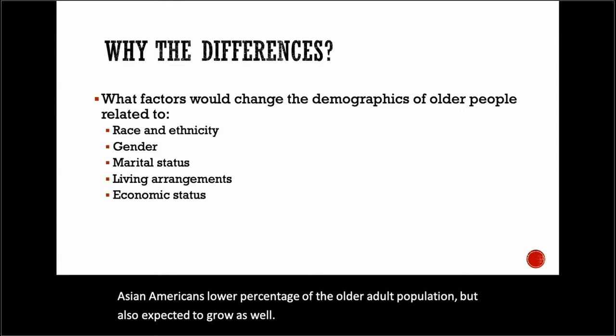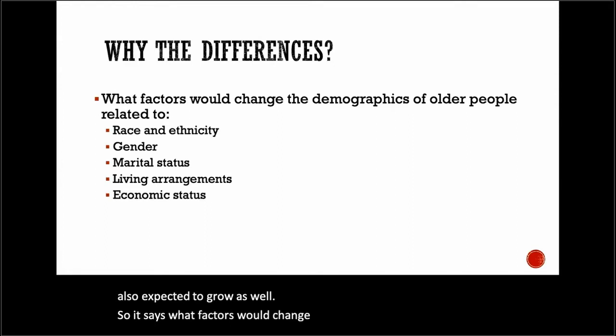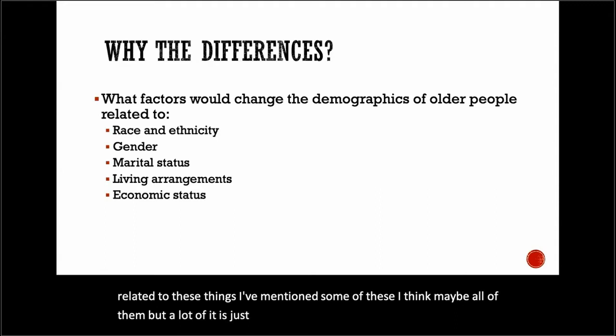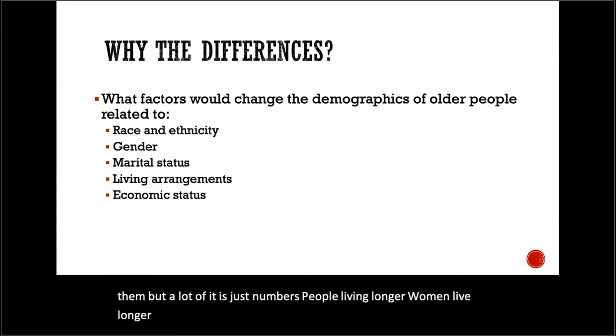So it says, what factors would change the demographics of older people related to these things? I've mentioned some of these, I think maybe all of them, but a lot of it is just numbers. People living longer. Women live longer than men. Women in older adulthood are more likely to be widowed.